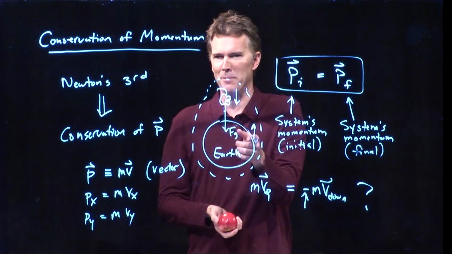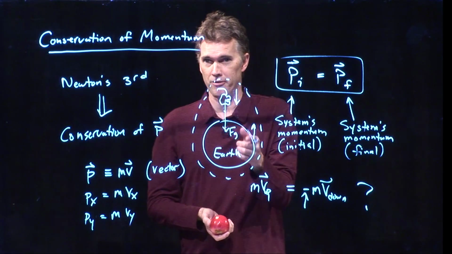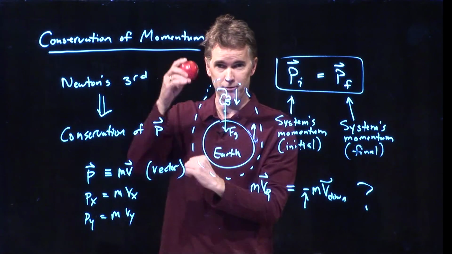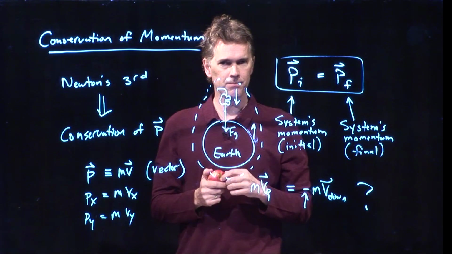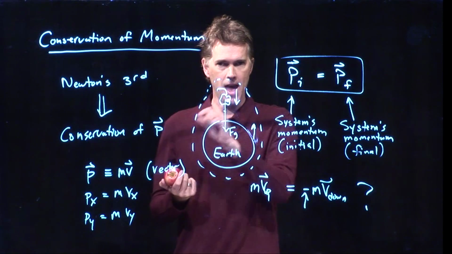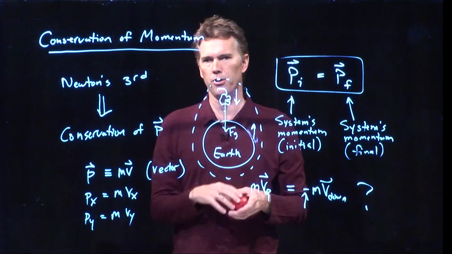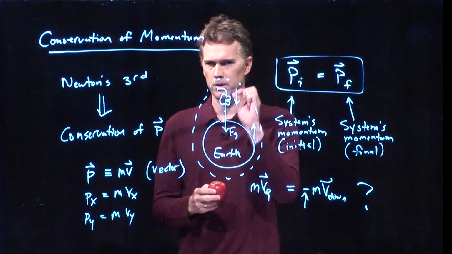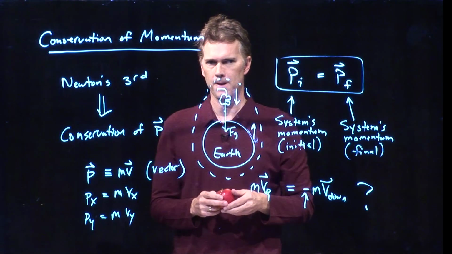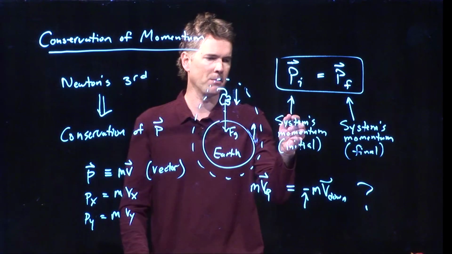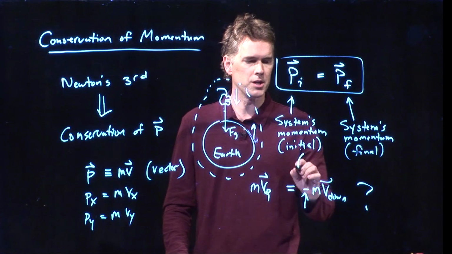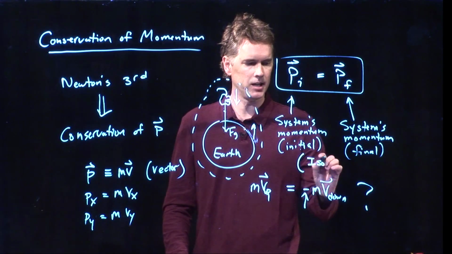Now, the Earth is pretty massive, right? So it doesn't move very far. It doesn't have a lot of velocity, but it has the exact same momentum as the apple. M times v, since m for the Earth is huge, the velocity can be small. Okay? So inherent in this thing that we just talked about is the notion of an isolated system.